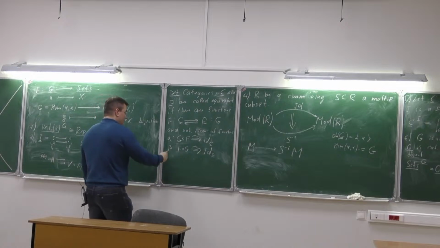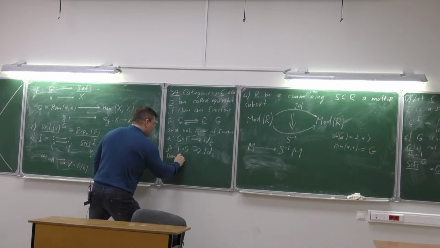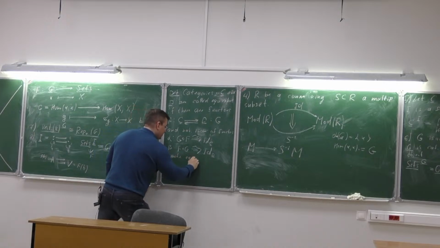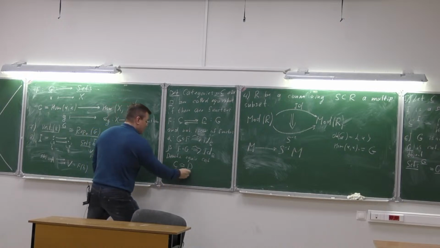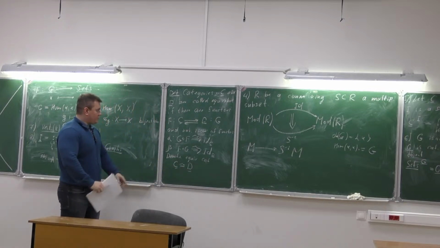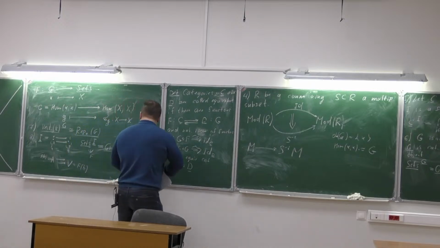Okay, so in this case, the notation is the following. Denote equivalent categories as C equivalent to D. For isomorphism, I would use a different symbol.